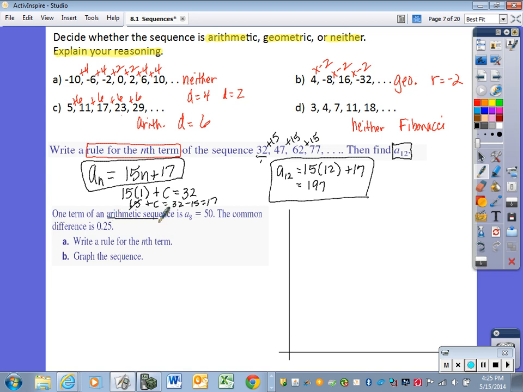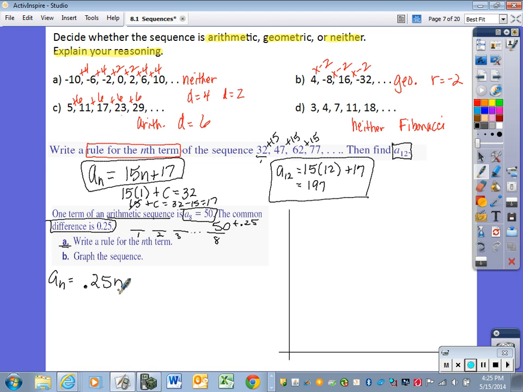Now it says we have an arithmetic sequence. What does this mean? The 8th one is 50. What does this mean? I'm adding 0.25 every time. So write your rule. Adding 0.25, 0.25n.